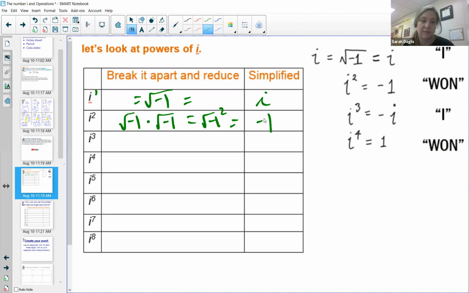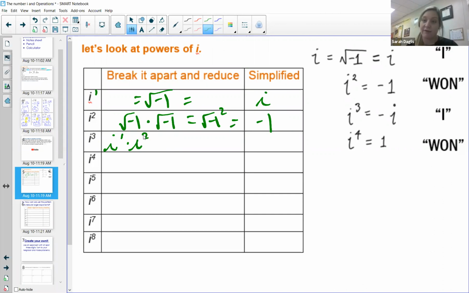All right, i cubed. I'm going to use my previous answers to help me with this one, because I could split apart i cubed to be i to the power of 1 times i squared. Remember, when we multiply, we add our exponents together, so I can use that same property to split them up.